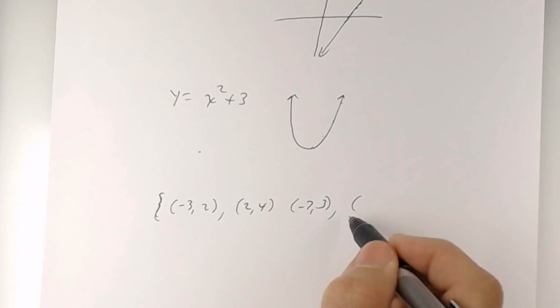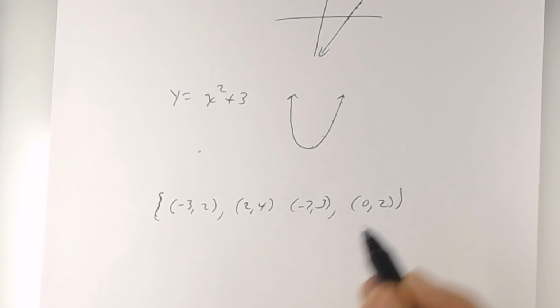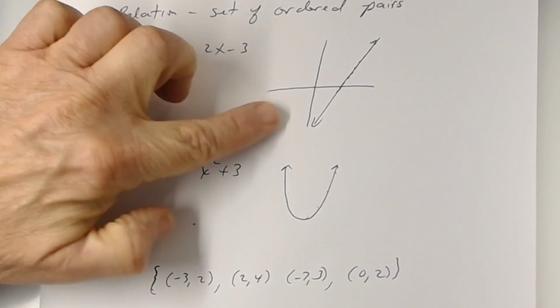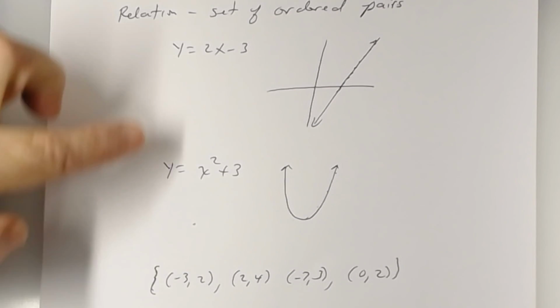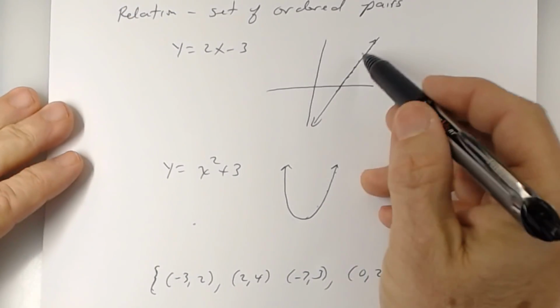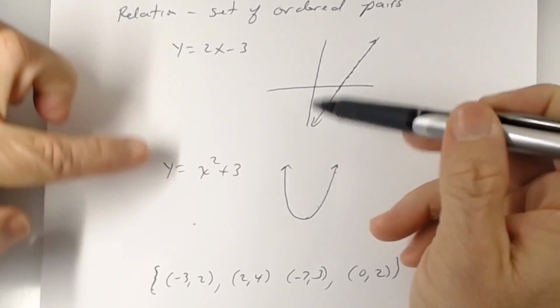Just a finite set. So all these are relations, because all of these are represented by a set of ordered pairs.